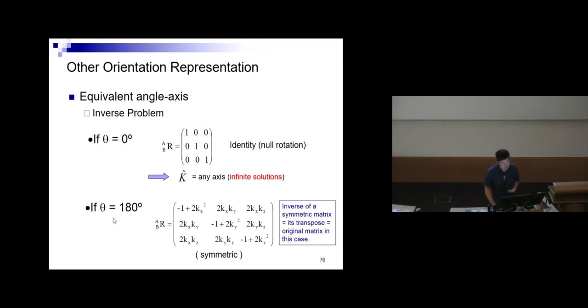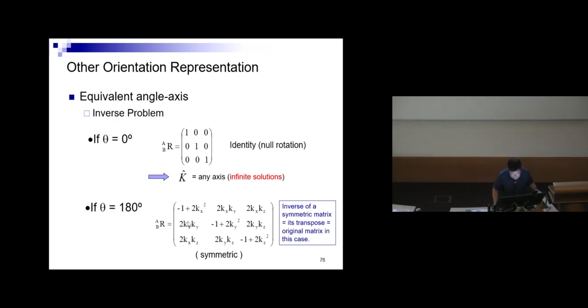If your theta is equal to 180 degrees, you will end up with this matrix after doing the calculations and derivation. If you look at this matrix, you'll find that it is a symmetric matrix.